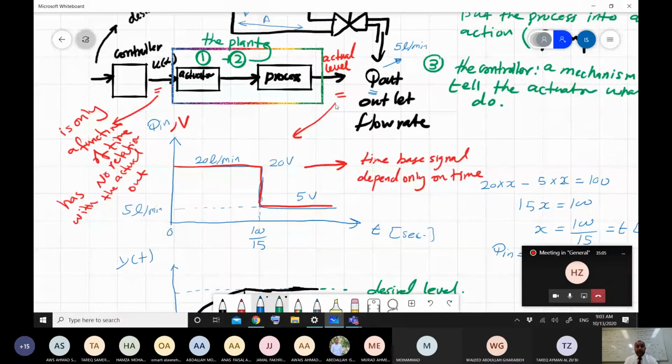So simply this means that the actuation signal is only a function of time, and has no relation with the actual output. Understood? So the input to the controller now is my desired level.